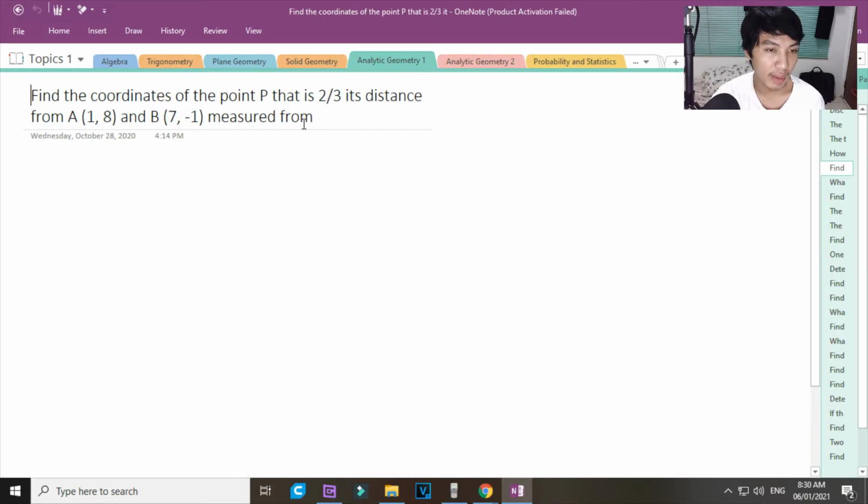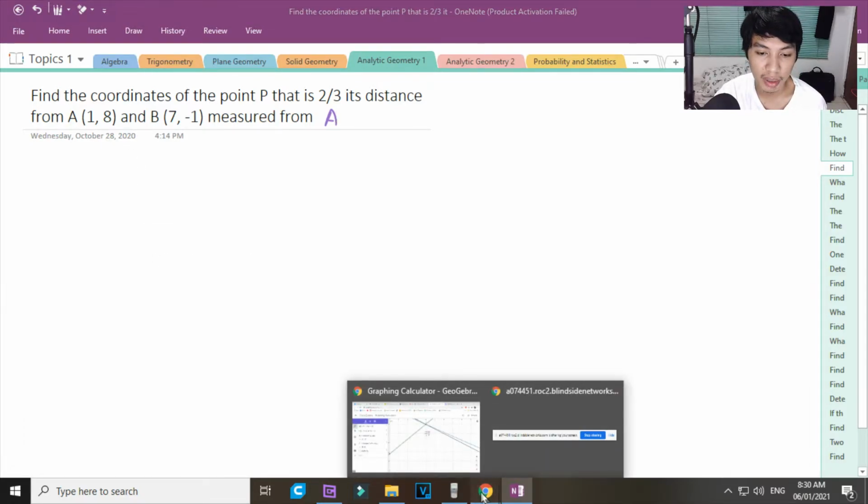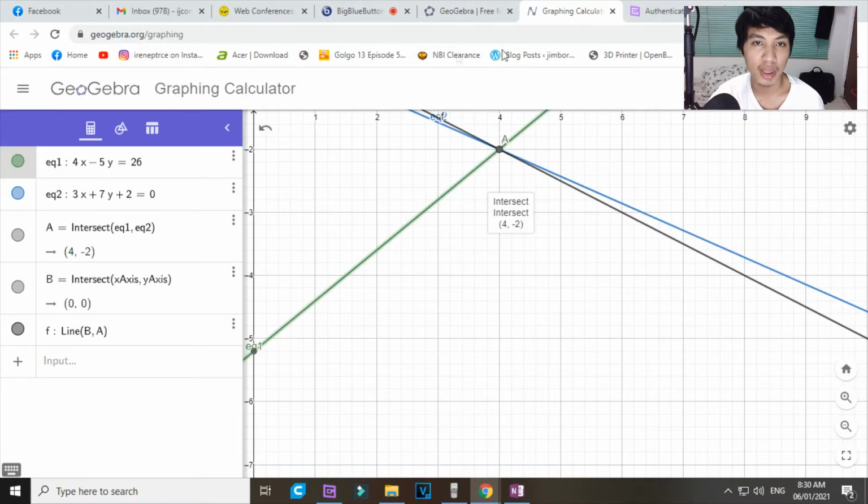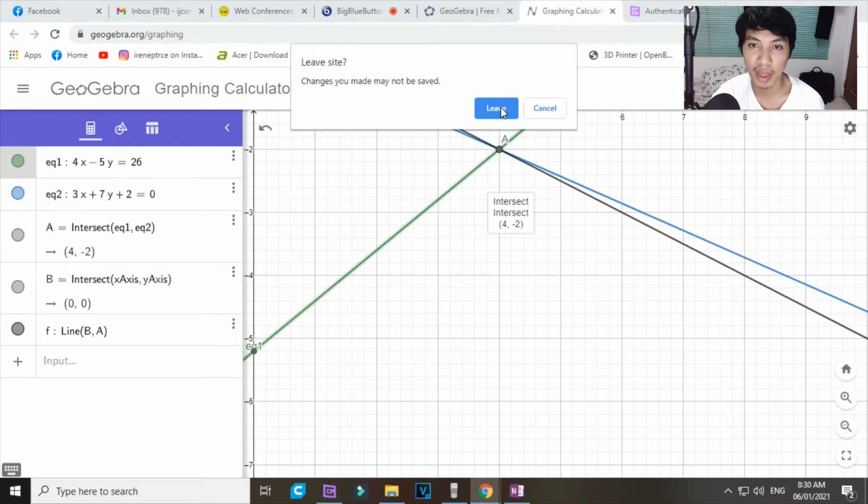Yon. From ano yan? From A daw. Measured from A. So, i-plot muna natin yung points. Okay lang? So, another plotting na naman. GeoGebra na naman tayo.